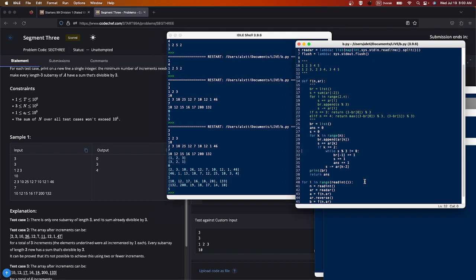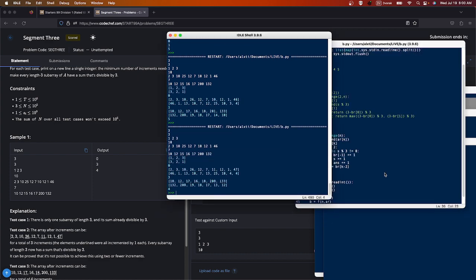Two, 3, 10, 26, 12, 7. Okay, we're calculating something here very wrong. Yeah, we need to use BR to adjust for change in values. 10, 26, 12, 7, 11, 12, 1, 47.